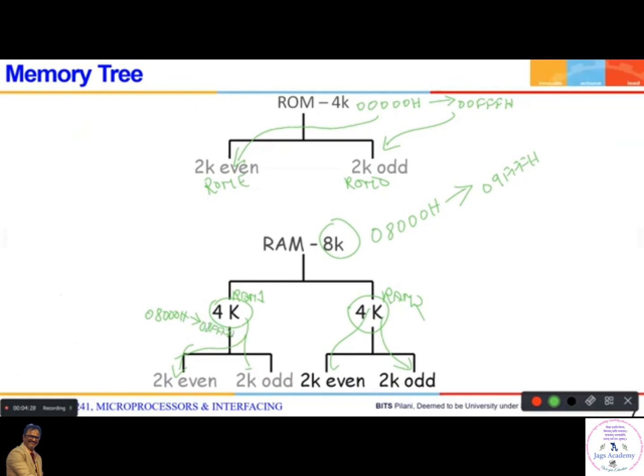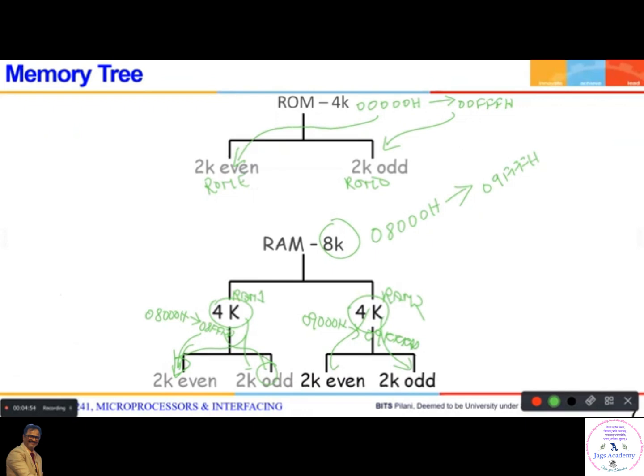What is the address range of this? 09000H to 09FFFH. So in this range, all even addresses will go to this memory chip, all odd addresses will go to this memory chip. Right? That is how the memory has been divided.